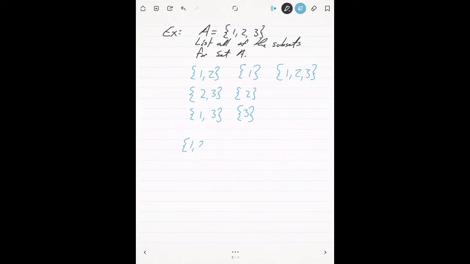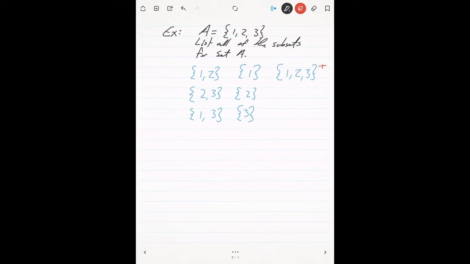We can say that the set 1, 2, 3 is in fact a subset of itself because the definition only said as long as all the elements of the one set are a part of the other, then it's a subset. So I think this is something important for us to note.